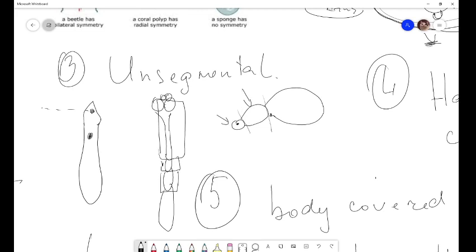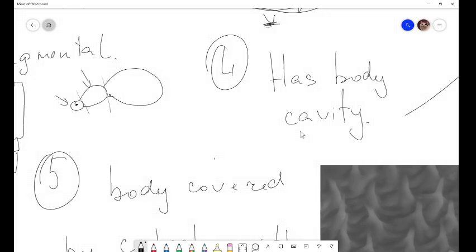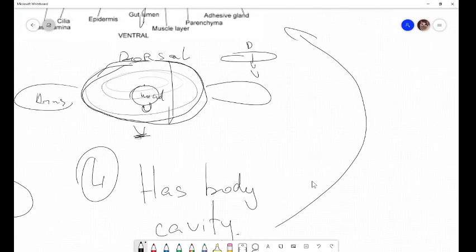Okay, next one is what you must know. The next character of these worms is that they have a body cavity. What does it mean? We have a body cavity.